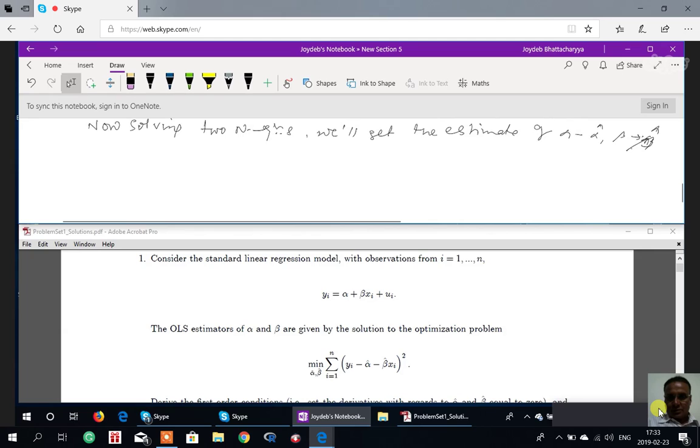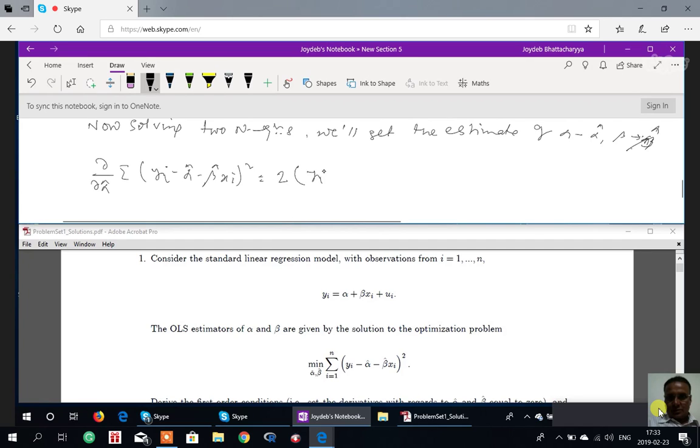If we show the derivative, del alpha hat of summation yi minus alpha hat minus beta hat xi square, the 2 comes to the front in terms of partial derivatives.